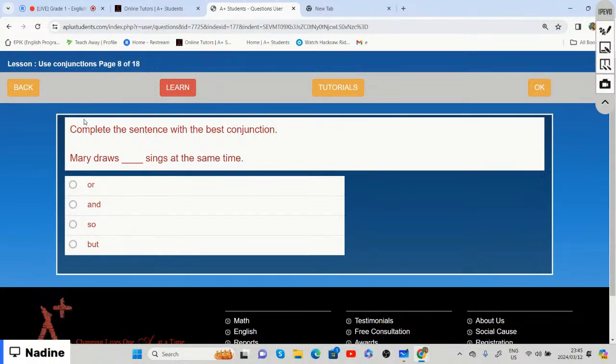So we need to add a conjunction based on what the person is doing.